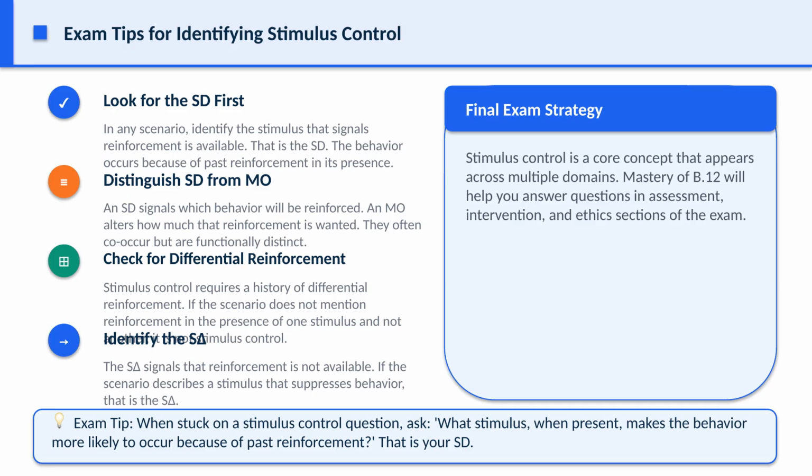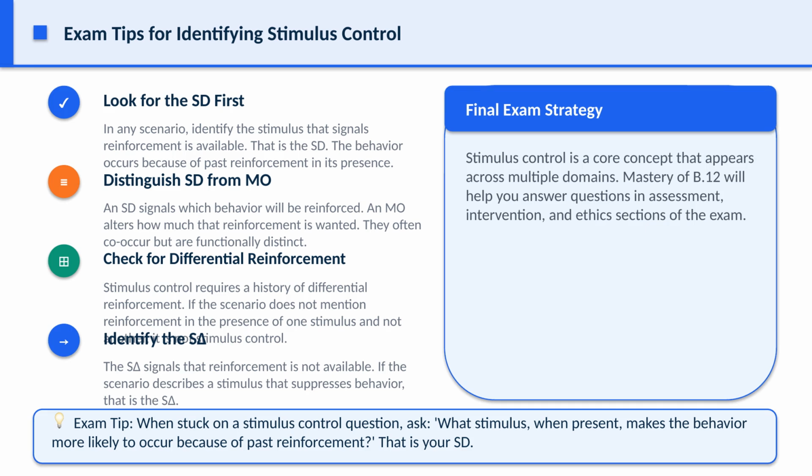The SD tells you which behavior will pay off, while the MO alters the current value of that reinforcer. Remember that genuine stimulus control requires a documented history of differential reinforcement. If a scenario doesn't show reinforcement occurring in the presence of one stimulus but not another, you cannot claim stimulus control. Next, identify the S delta, which signals extinction and suppresses behavior.